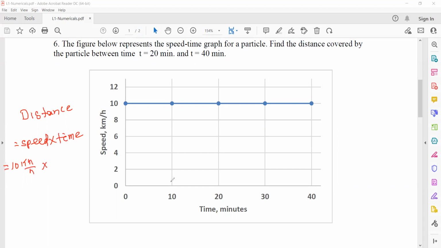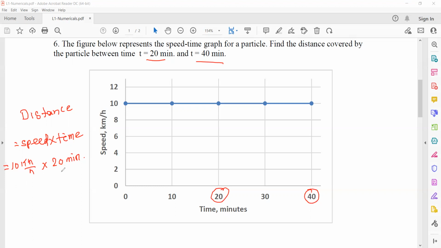And time. Time is here between time t 20 minutes and 40 minutes. This is time 20 minutes and this is time 40 minutes. So how much time has elapsed? So time elapsed is 40 minus 20 equal to 20 minutes. So it's now very simple.